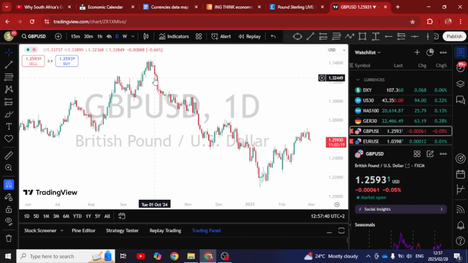So you could have been buying the dollar all the way from October until this year, the 21st of January, which was Monday here. You could have been making money all along without guessing the direction, knowing that the only thing you are looking at are sales, because the dollar is strong against the pound.